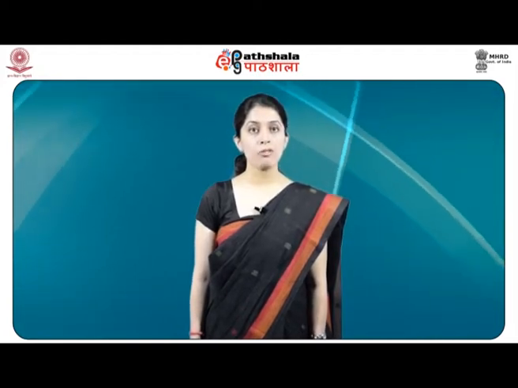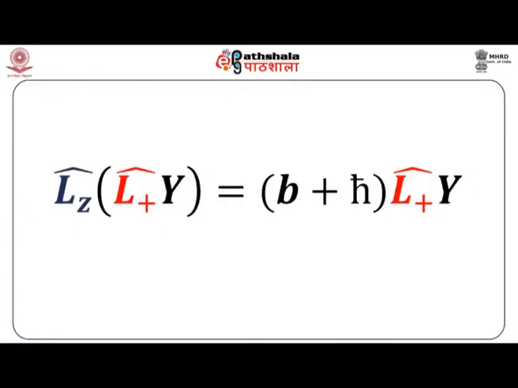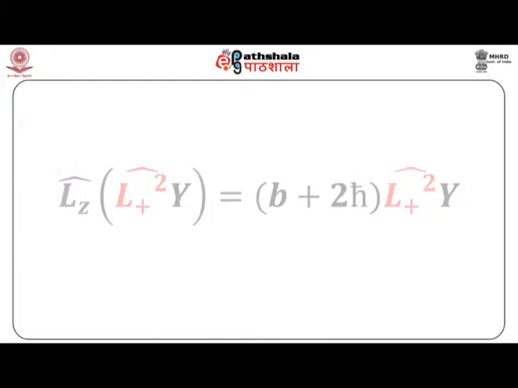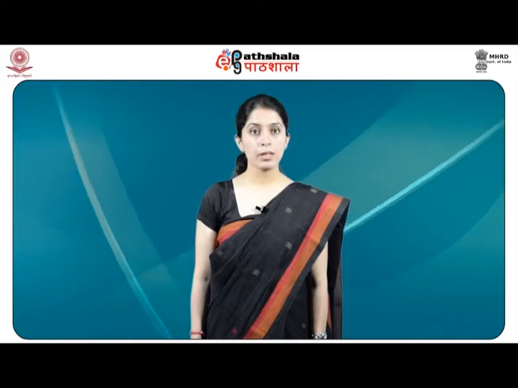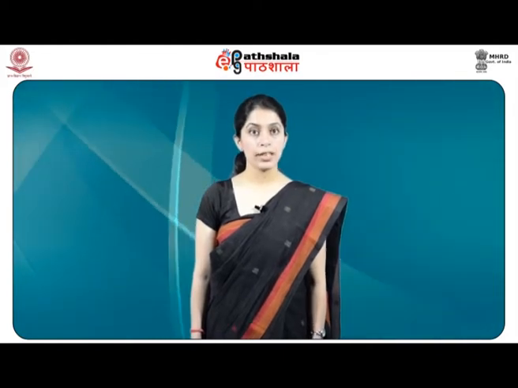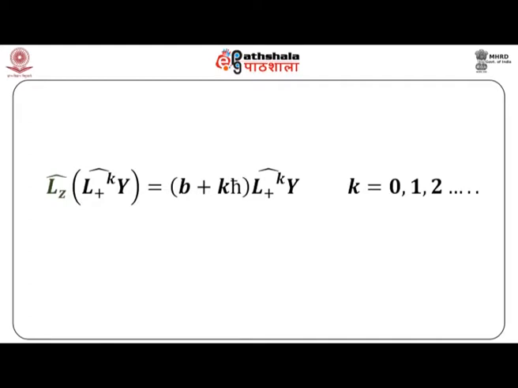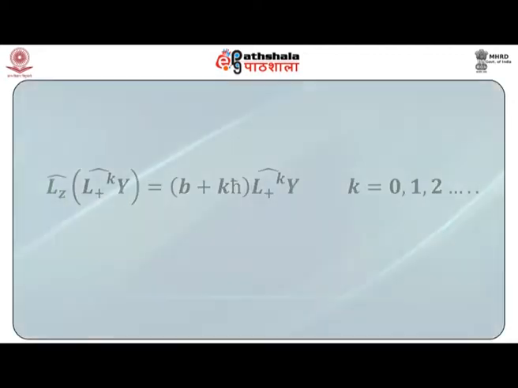That means application of the raising operator to the equation gives Lz L plus square ψ equals (b plus 2ħ) L plus square ψ. Repeated application of the raising operator gives the expression Lz (L plus)^k ψ equals (b plus kħ)(L plus)^k ψ, where k can take up values 0, 1, 2, 3 and so on.